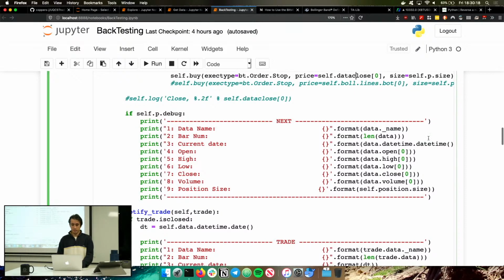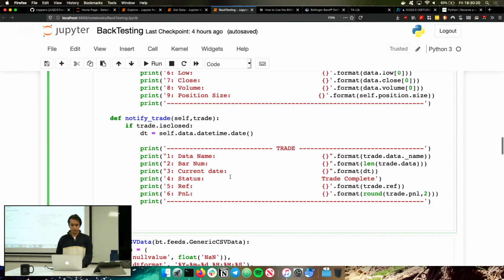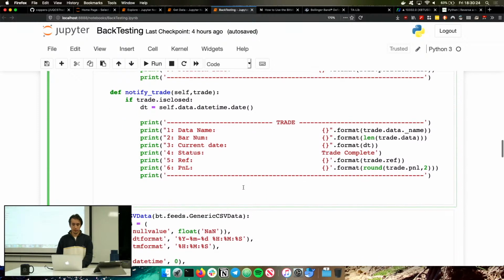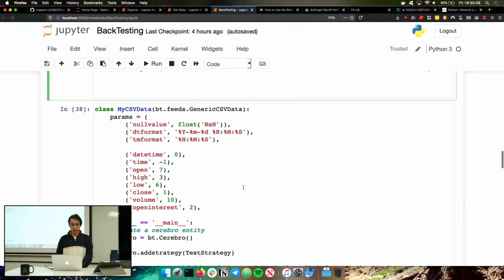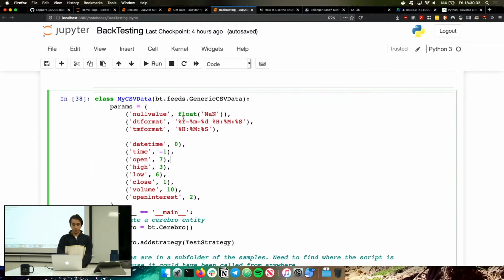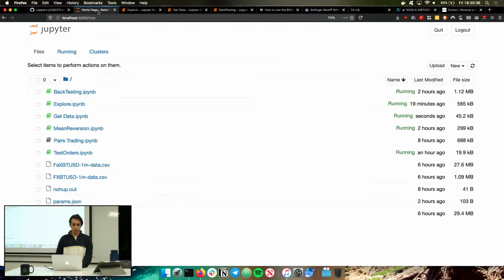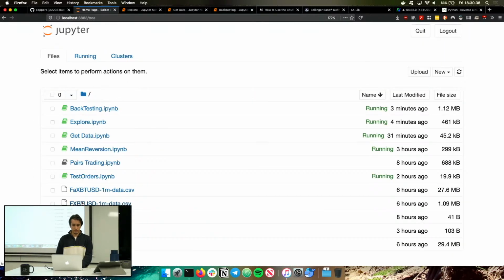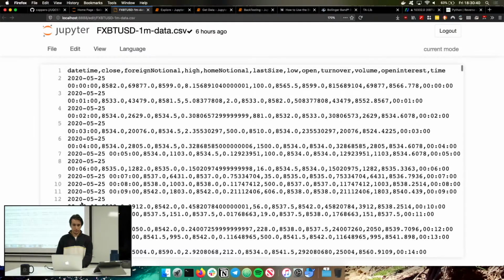Okay, here we've just got some printing. This just prints out when the trade has occurred and gives us some information about it. All right, next, just defining the data feed. This is just defining where in the CSV. If we go here and have a quick look at the data, it's just raw CSV.